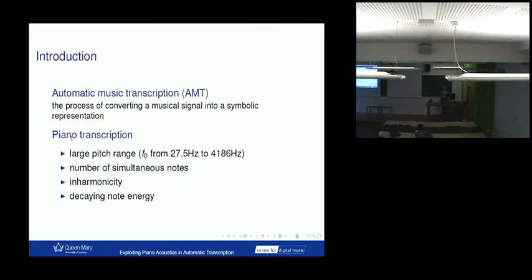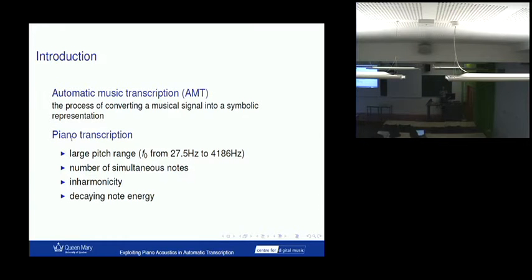Automatic music transcription is the process of converting a music signal into a symbolic representation, like a time-pitch representation or a list of note events. What's particular about piano sounds is that they have a very large pitch range. The fundamental frequency ranges from 20 Hertz to 4,000 Hertz.